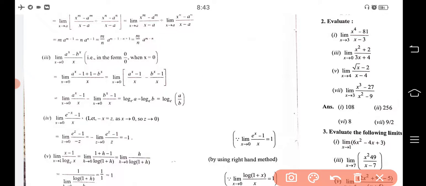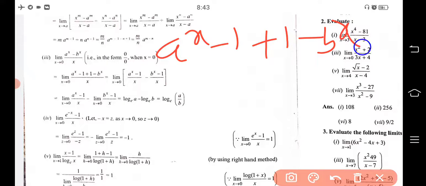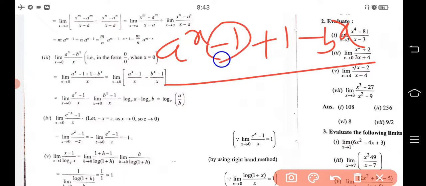So here we can write a to the power x minus 1 plus 1 minus b to the power x. We add minus 1 and plus 1 so that the value of the function remains the same, all divided by x.